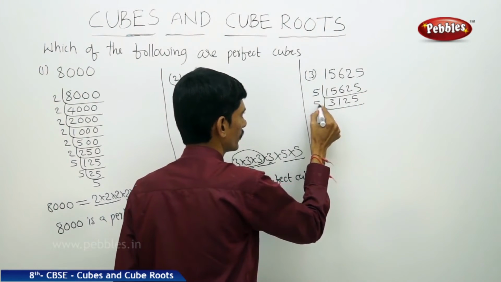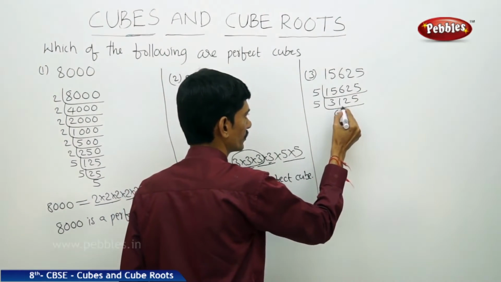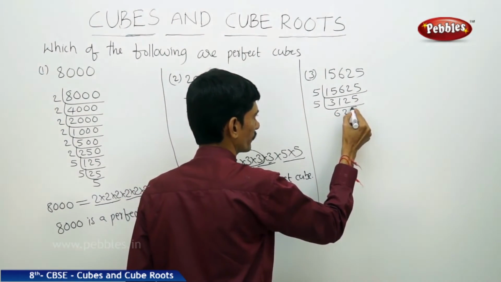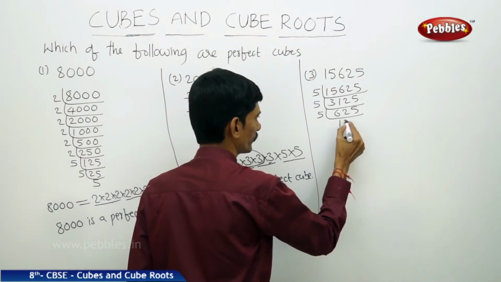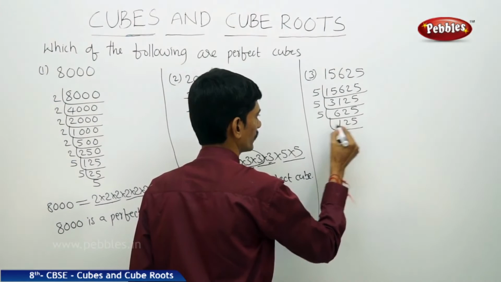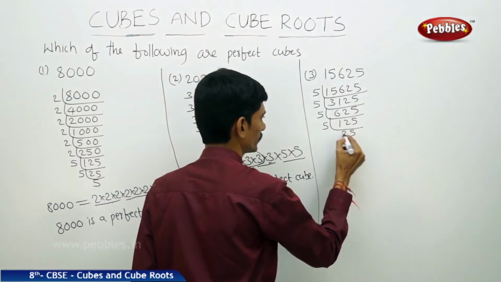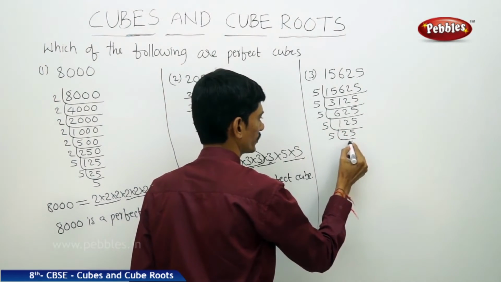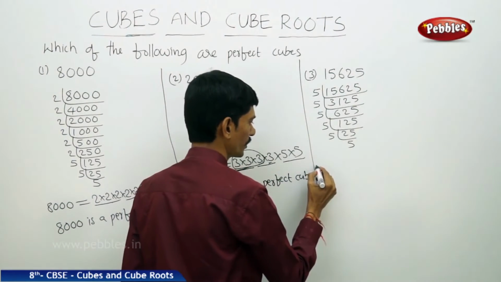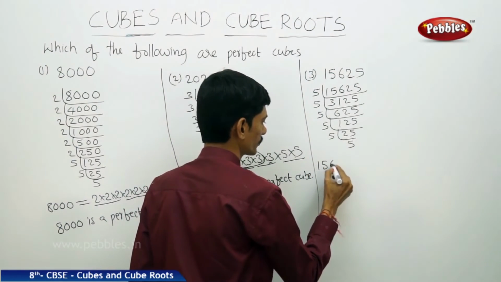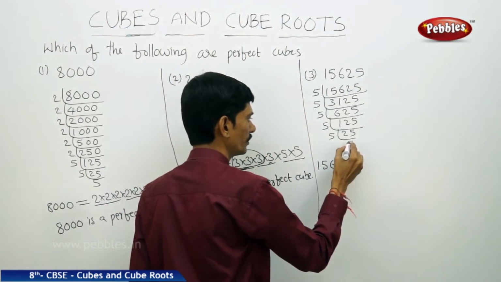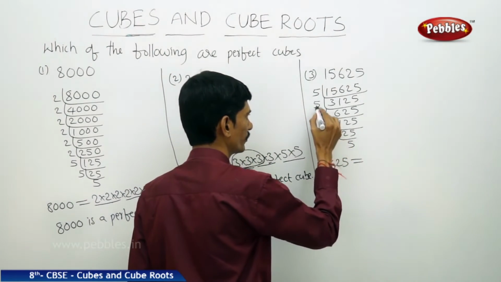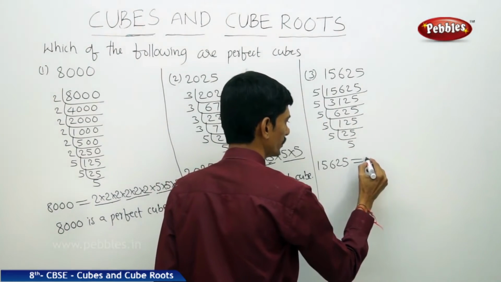Again 5 table, 5 6s are 30, 5 2s are 10, 5 5s are 25. Next 5 125s are 625, and 5 5s are 25. So when we factorize 15,625, we are getting the prime factor only 5. There are six 5s.